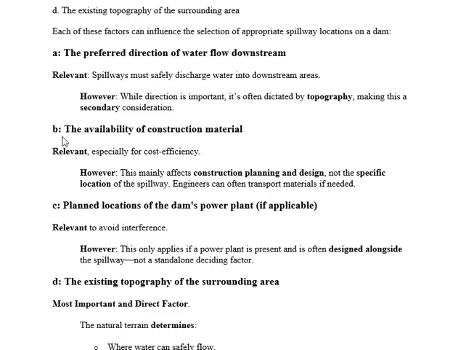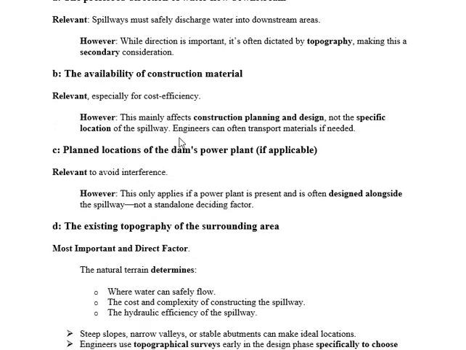So we consider option A as a secondary factor. When we see option B, it says availability of construction material. This is relevant, especially for cost efficiency, but it mainly affects construction planning and design. It doesn't directly affect the location of the spillway, because engineers can often transport materials whenever required.